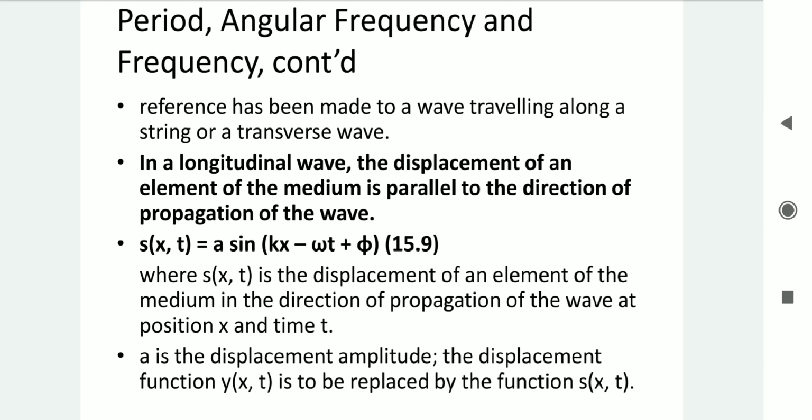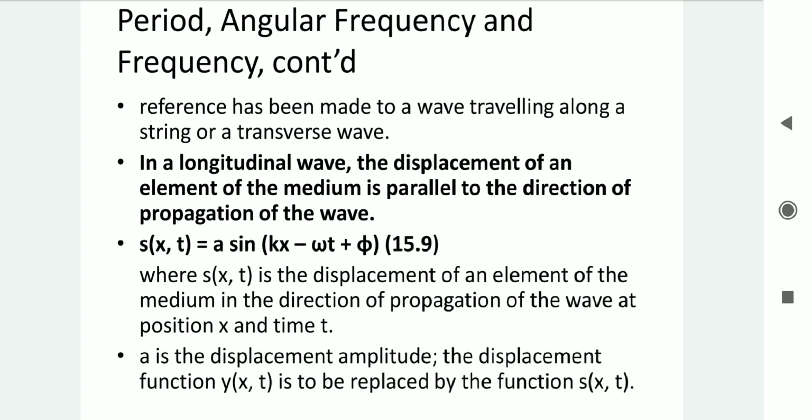So y(x, t) can be rewritten in the form of s(x, t) = a sin(kx − ωt + φ). This s(x, t) will give you the displacement of an element of the medium in the direction of propagation of the wave at x position and time t. A is the displacement amplitude. So here the displacement function y(x, t) will be replaced by s(x, t).